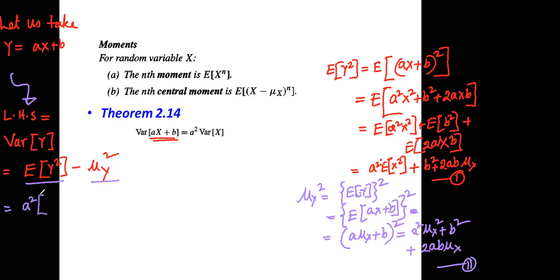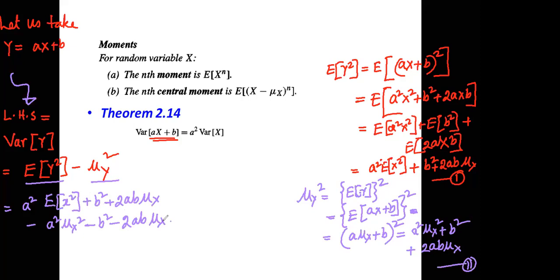A square times the expected value of x square, plus b square plus 2ab mu x, minus a square mu x square minus b square minus 2ab mu x.